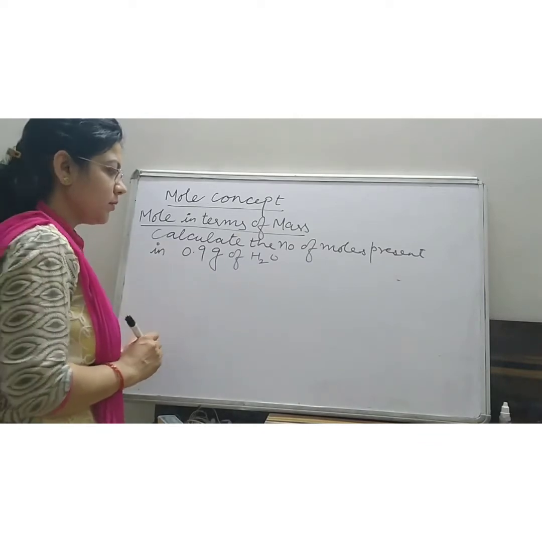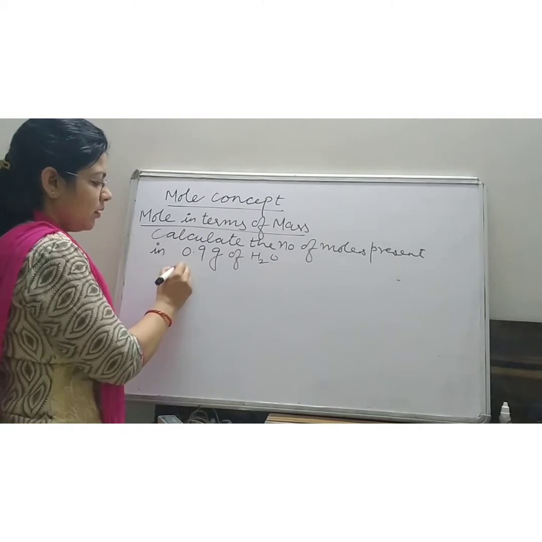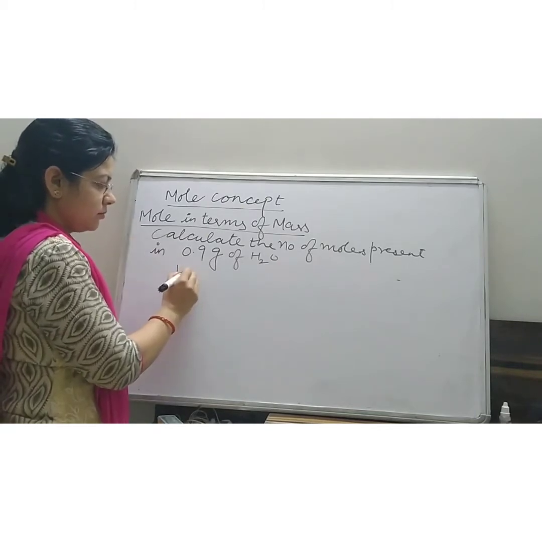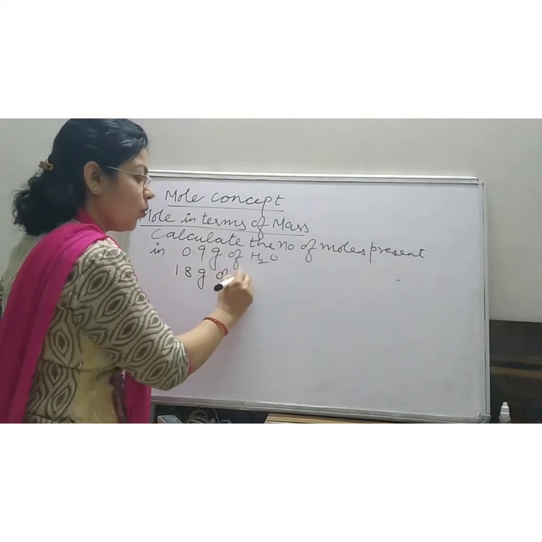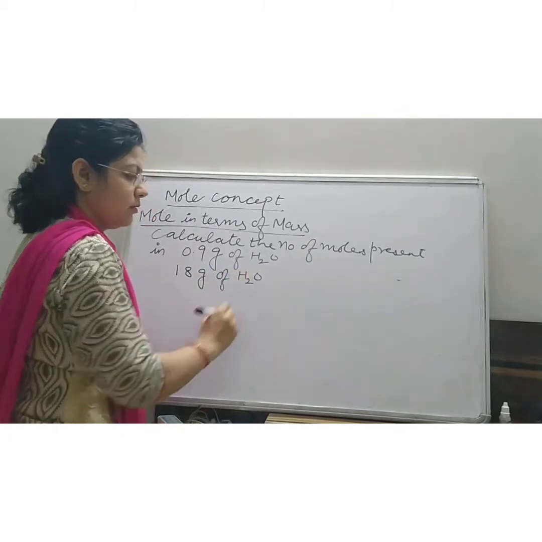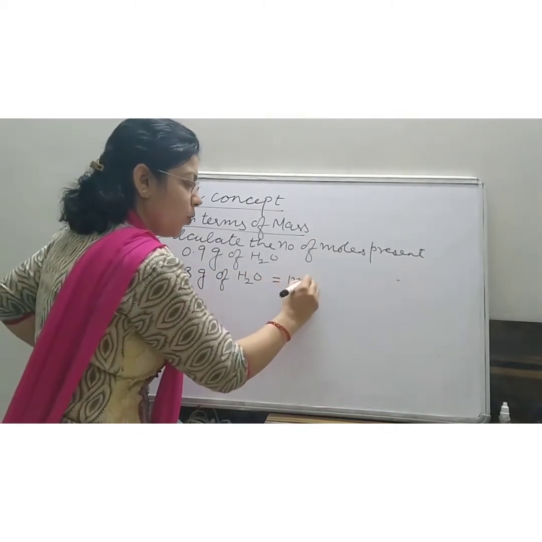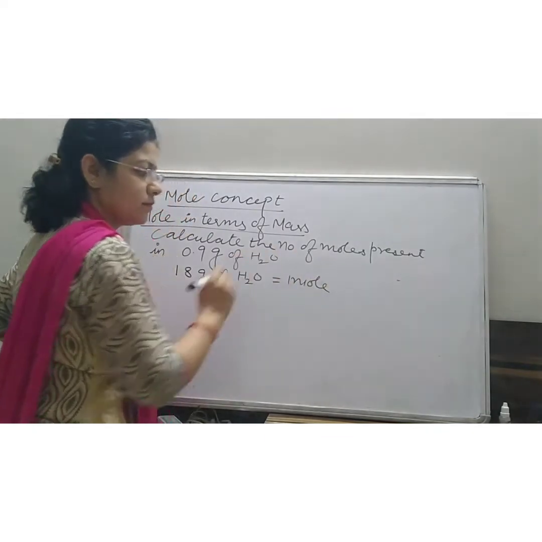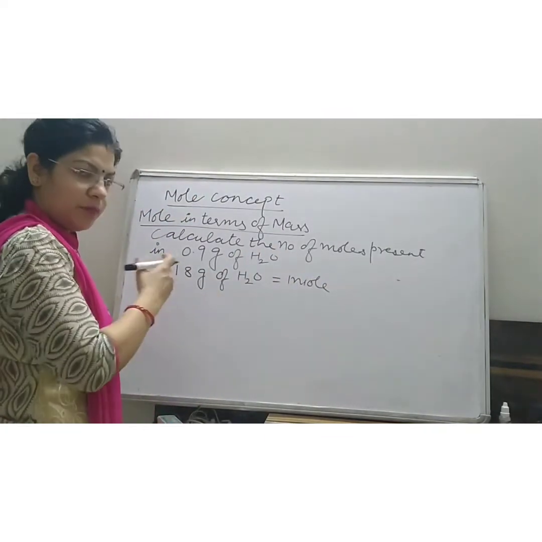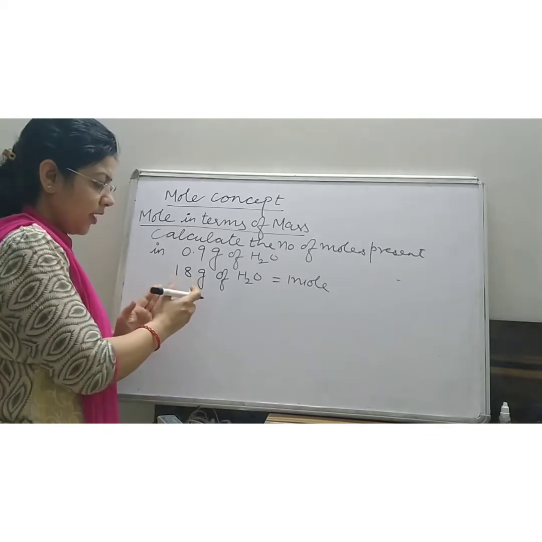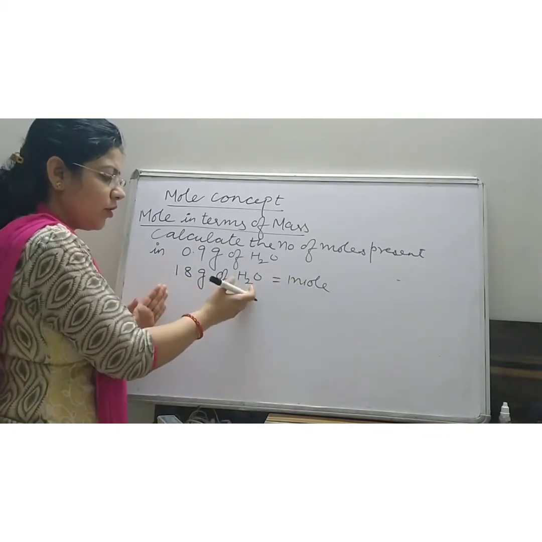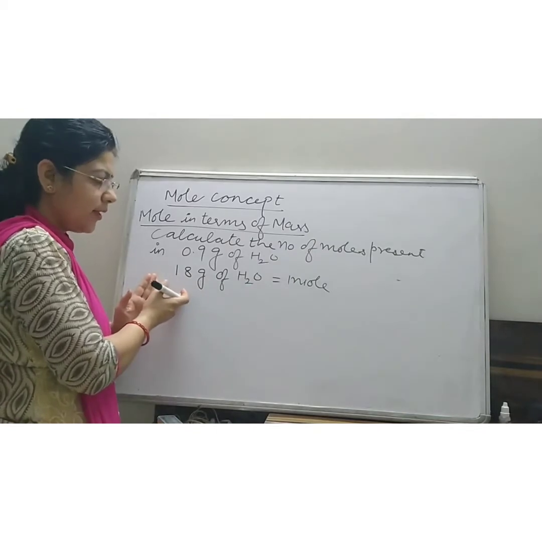How do we calculate? We know that 18 grams of water is equal to 1 mole, as in the previous concept we know that 1 mole of water has mass 18 grams.